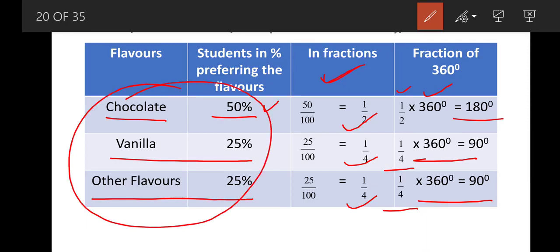As it is given in percentage, I have converted it into a fraction. Then I need to find the part of this fraction in terms of 360 degrees. So that is 1 by 2 into 360 degrees, because the total angle at the center of a circle is 360 degrees. So I will get a 180 degree angle, a 90 degree angle and a 90 degree angle.